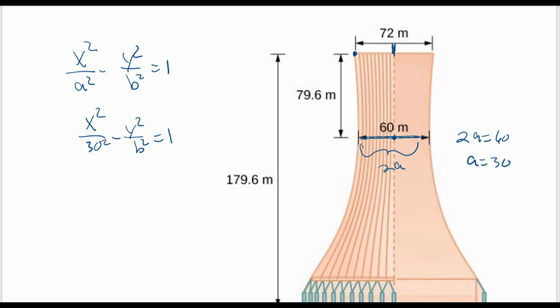And so half of 72 is 36, so that'd be located at 36, and this is at 79.6. So we can say it goes to the point 36, comma 79.6. Now you could argue that wouldn't that be negative 36, but we would be squaring this out anyway. That's our x value, our y value. So if we're trying to find b, we can use these points in place of x and y to find what b is going to be.